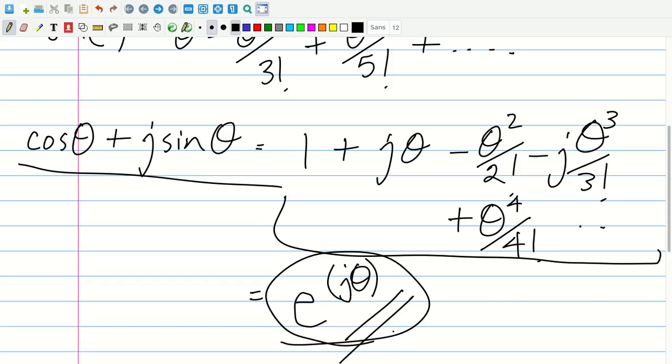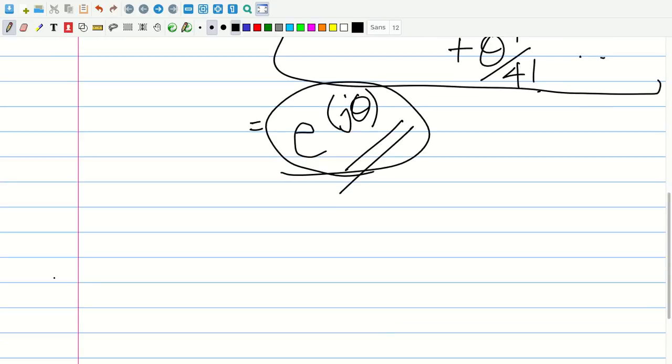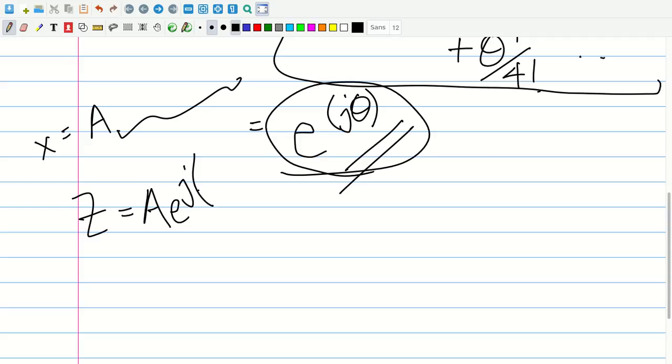And so we've got our way of describing sinusoidal motion. So from now on, instead of using x equals a some periodic function, we're literally just going to use z equals some amplitude, and then e to the j of omega t plus some phase constant alpha.